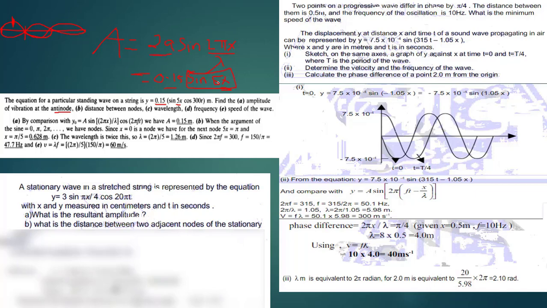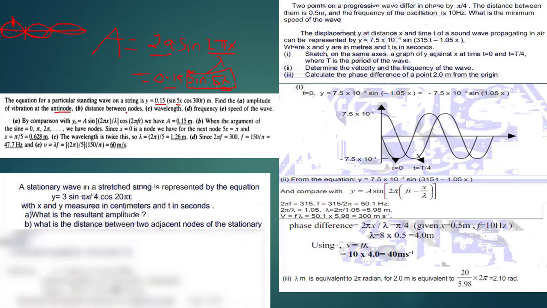So that's the point I was making: the maximum value of sin is 1. Those are two ways of reasoning. I have put it in degrees because I want to find sin in degrees. You can also decide to use radians, where half the journey is pi radians. So at the antinode it is pi over 2 radians. If you put pi over 2 radians, it becomes 5 pi over 2 radians. Find the sin with your calculator in radians mode, and you still get 1. So the answer for the amplitude here remains 0.15, or if the question only needs reasoning and comparison, that is enough.